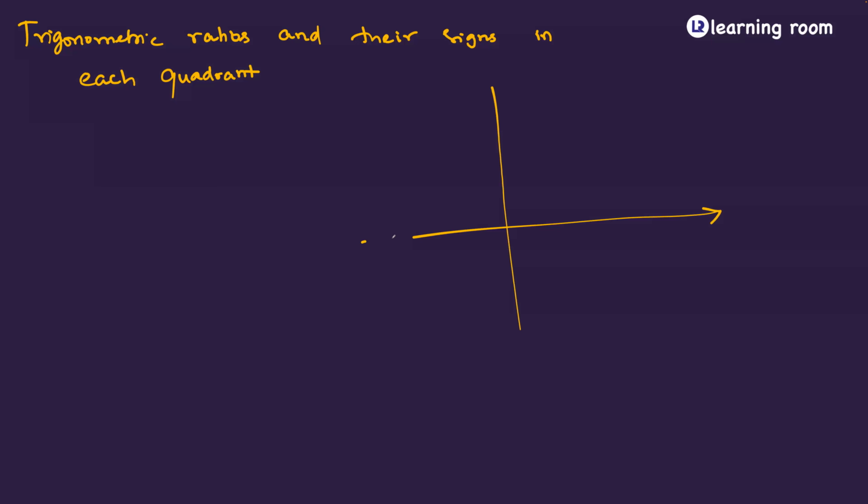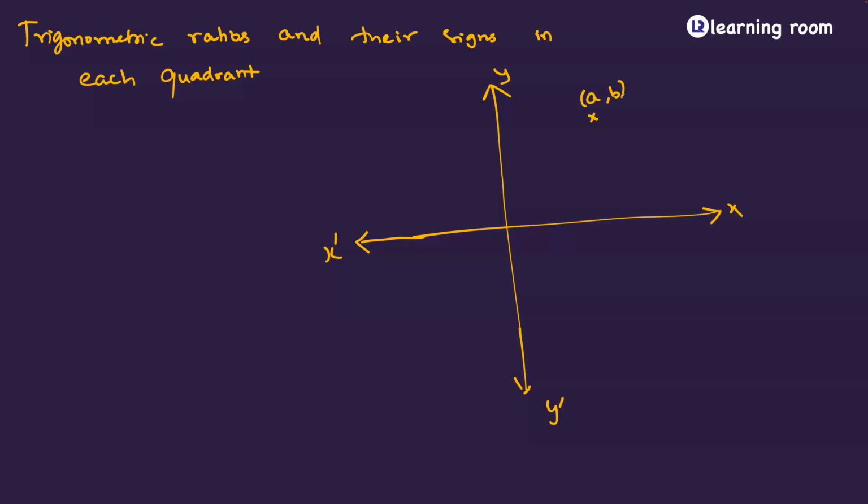If I take the basic coordinate system like this, x dash, y dash. If I take a point here, which I'll call A comma B, where did I take that point?